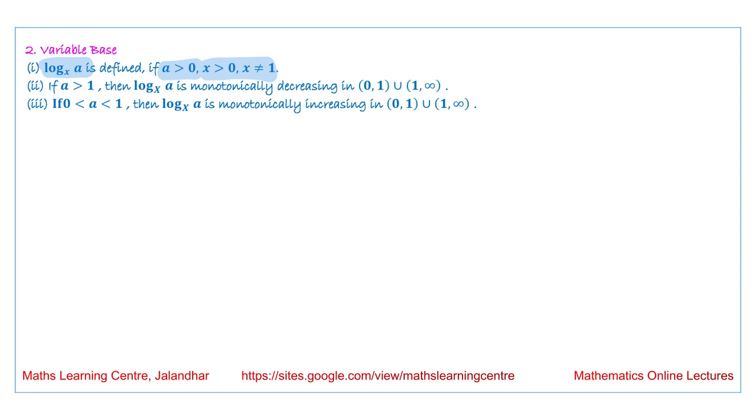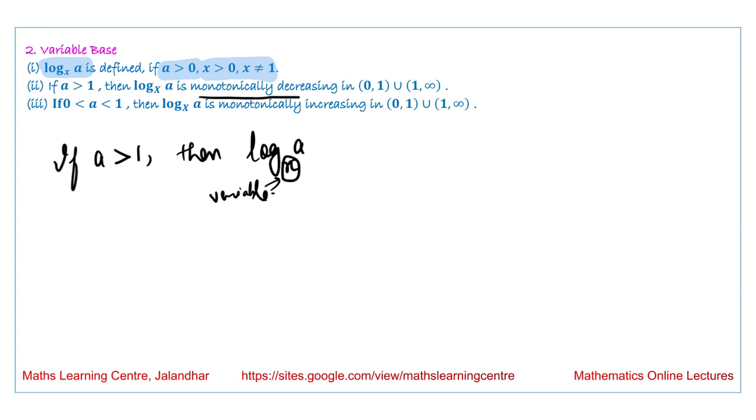So if a is greater than 1, then log a to the base x, where x is the variable base, is monotonically decreasing in the interval 0 to 1 union 1 to infinity.